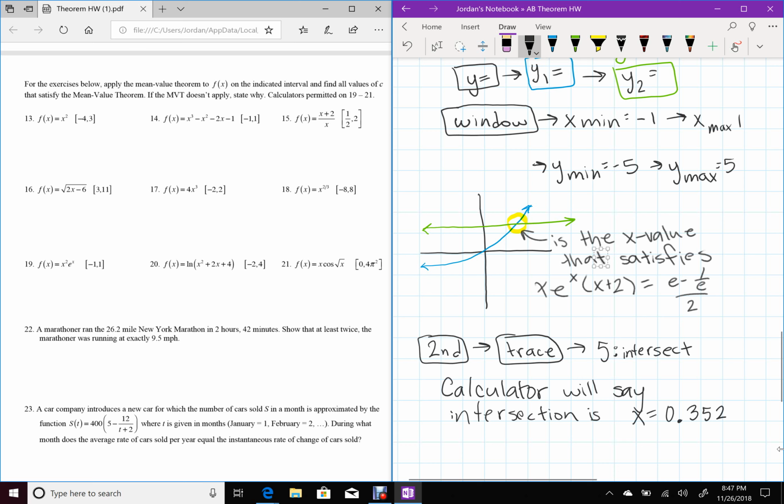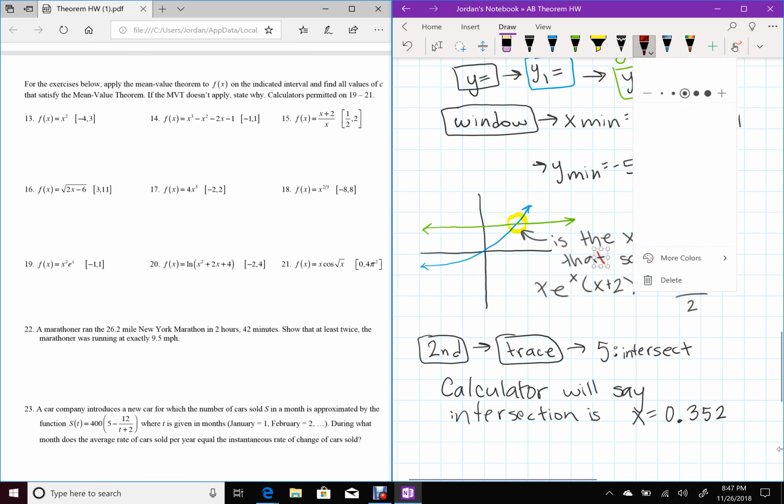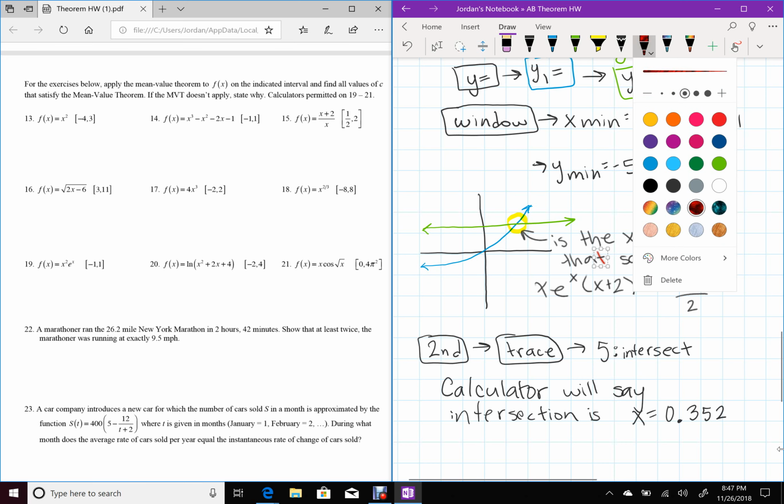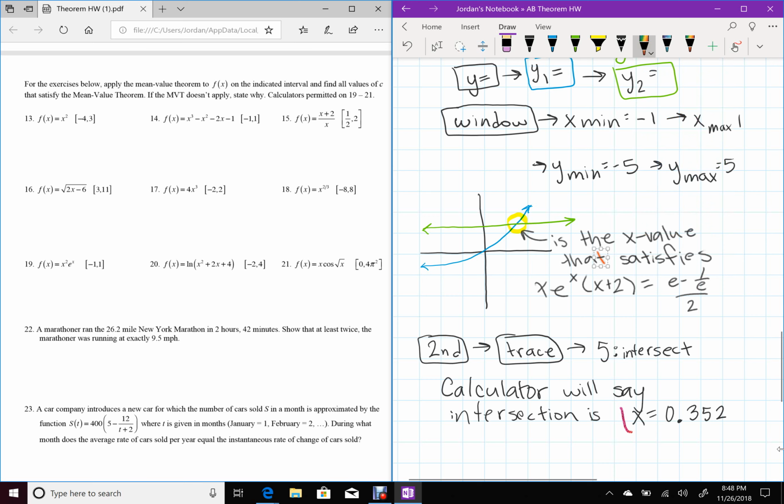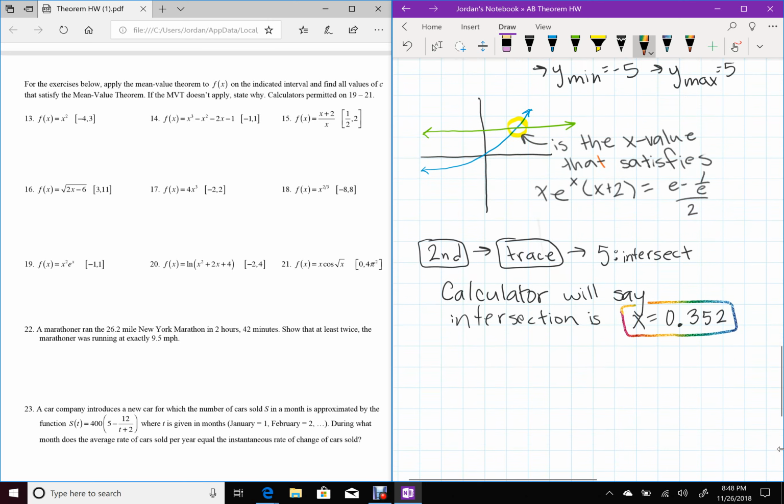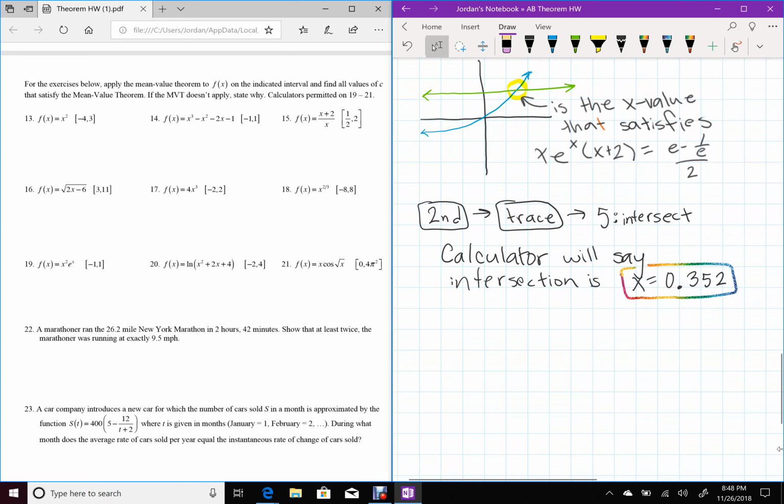So that, I want this, okay? So this is the answer, okay? That is the one value of C that satisfies the mean value theorem. Okay.